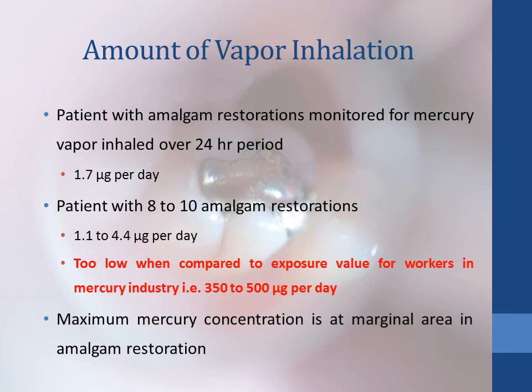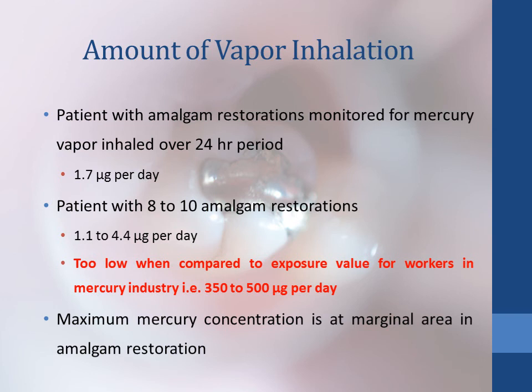So again, like I said, there are mixed views about the toxicity. There is one school of thought that says that it is too little, as you can see from the figures for a patient with 8 to 10 amalgam restorations, and the other school of thought says that no, it's still toxic and should be avoided altogether, and that countries, especially the Scandinavian countries, have stopped using amalgam in the past 10 to 15 years and shifted to composite fillings.